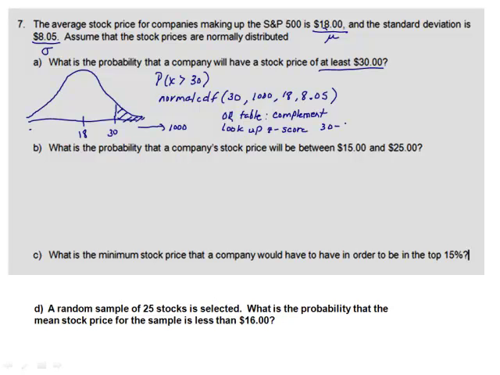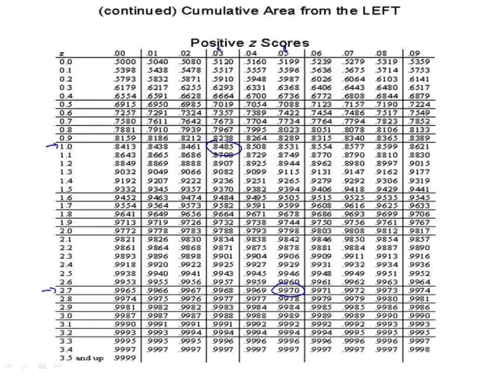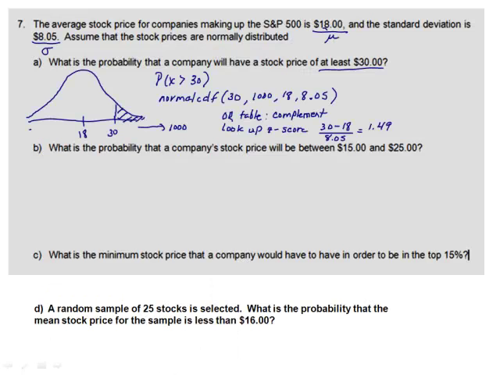Finding our z-score, again, this is just x, which is the 30, minus the mean divided by the standard deviation. That gives us 1.49. And if we look that value up in our table, there's the 1.4 row and the 0.09 column. So there's our value of 0.9319.